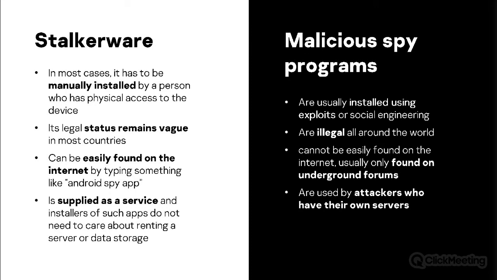Another thing to know about stalkerware is that it can be easily found on the internet. Maybe some of you, or most of you, have never heard of stalkerware before. I myself, before I started working on this topic and working with Kaspersky, which was last year, was not aware of stalkerware, and I was in the beginning very shocked to learn about it. And still the information is on the internet.